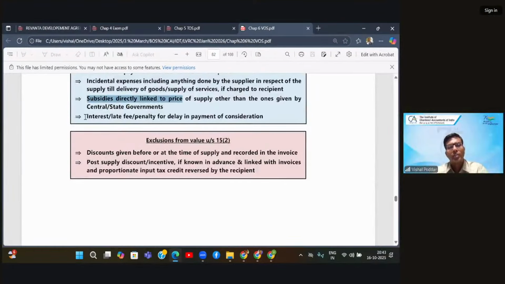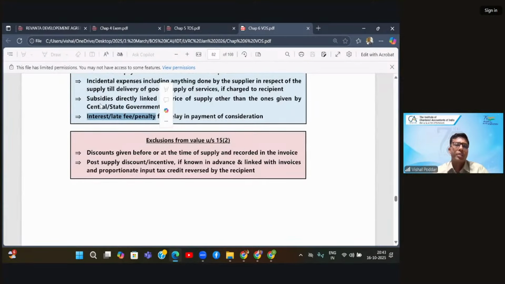And the last addition is where you make late payment for the transaction. So I was supposed to make payment for your supply today, but I delayed the payment. Now, since I am delaying, you are asking me to pay extra, which is for interest or late fee or penalty.